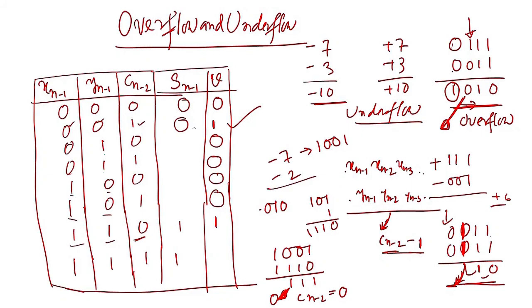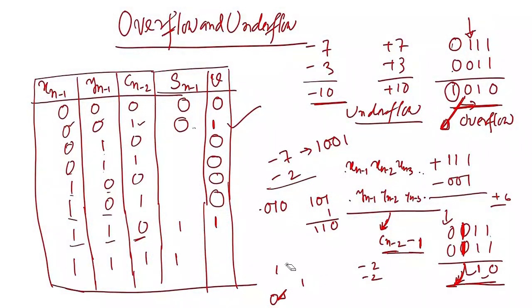Now, you add minus 2 and minus 2. There is no overflow, obviously, as we can see. Now we will check whether there will be any carry out bit at C(n-2). So, that we need to check. This is 2, right. So, 1 1 1 0, this is 1 1 1 0.